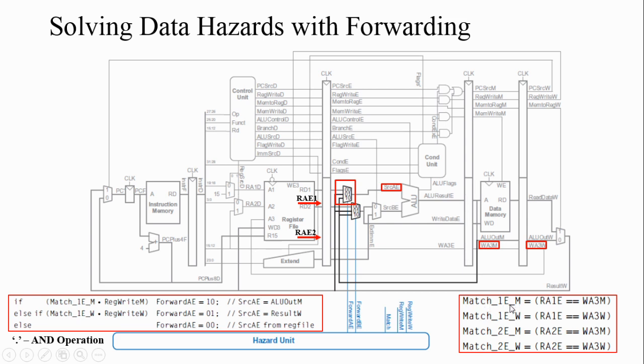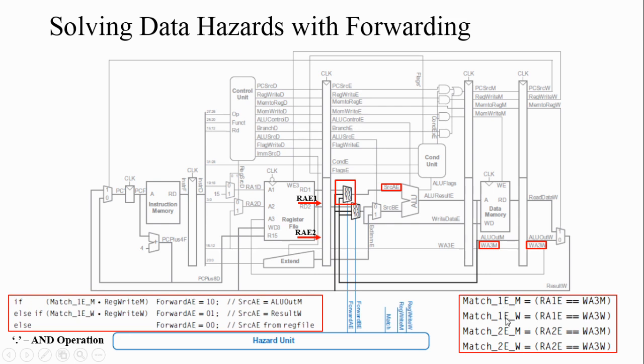Match 1E M bit will be set. Similarly, if the first address is equal to the write back stage address, then 1E W will be set, right? That is for the first address, 1E M and 1E W. Similarly, for the second address, if the second read address is equal to the write address from the memory stage, 2E M will be set, and if the second address is equal to the write back stage address, 2E W will be set.